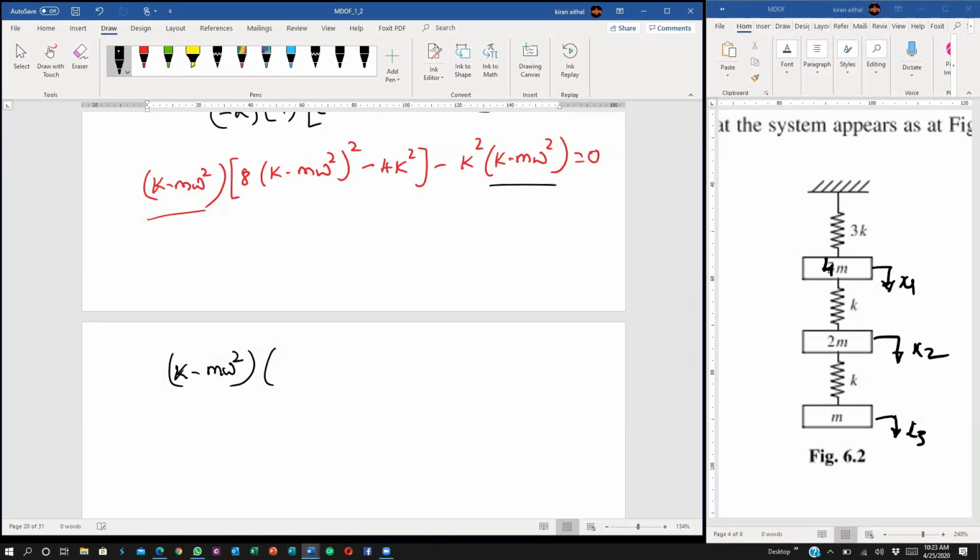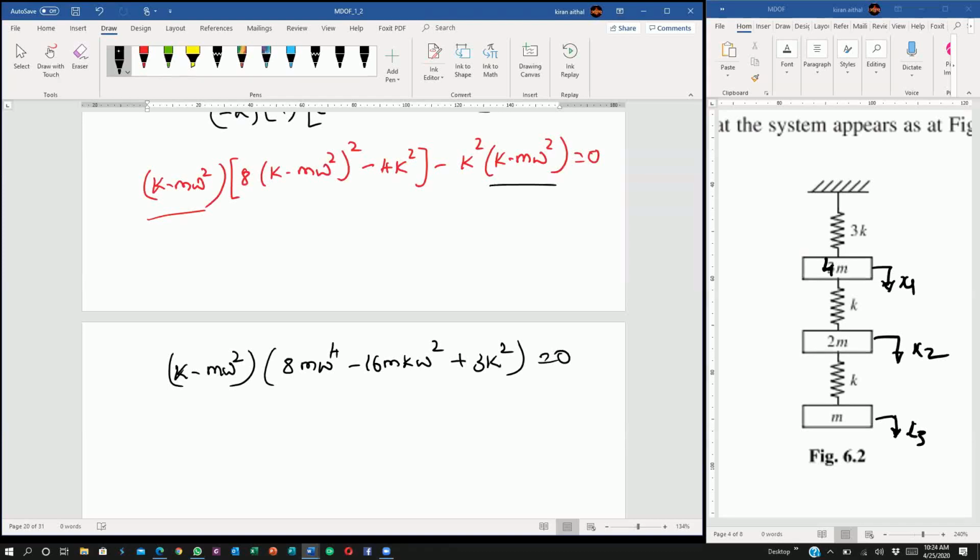Then the equation becomes 8m omega to the power of 4 minus 16mk omega square plus 3k square. If I solve this one, I'm going to get this particular equation, right?